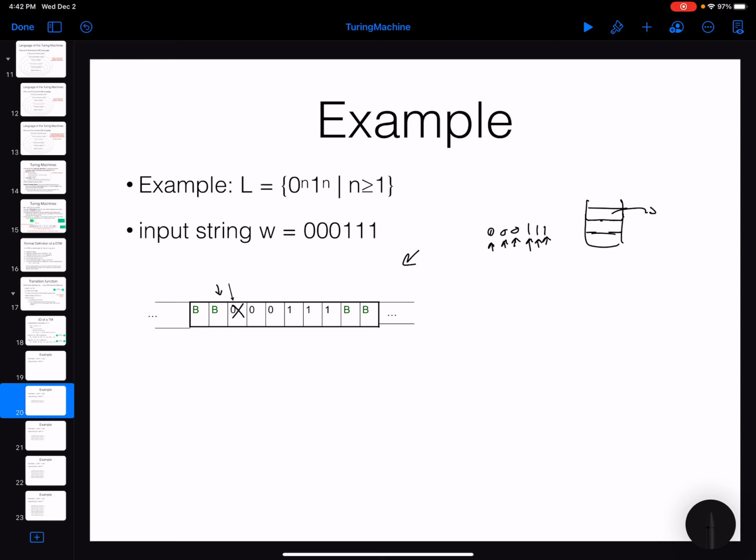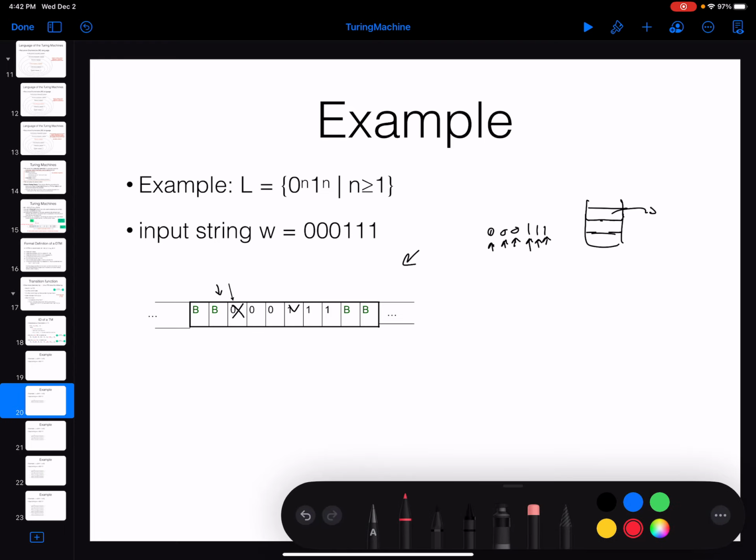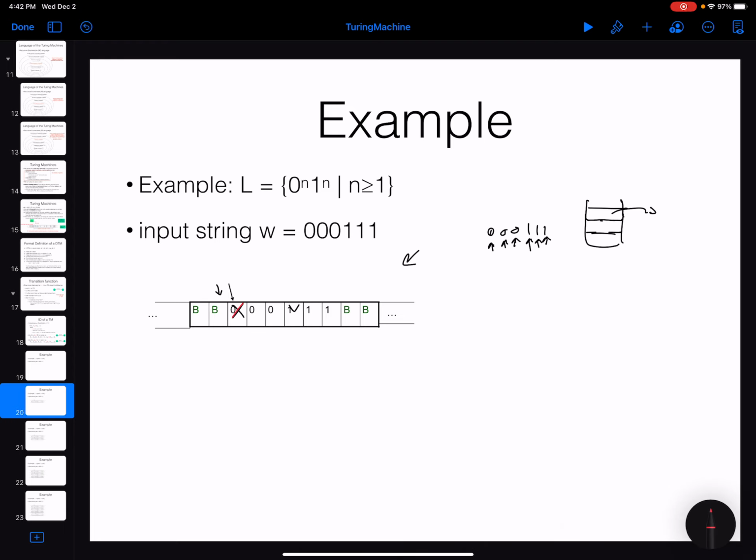But probably I need to use a different symbol for the ones, so let me use a different color. So I'm going to replace every 0 with an X, and then go forward, and whenever I see a 1, I will replace it with a Y.